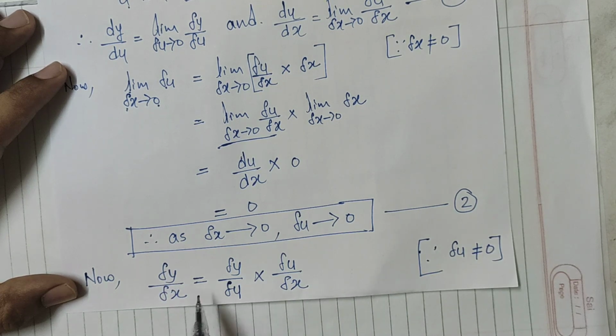Therefore, we want to change these deltas into derivative form. Therefore, we apply limits on both sides. If we apply limits, delta becomes d form. By the definition of derivative, we take the limit as delta x tends to 0 on both sides.